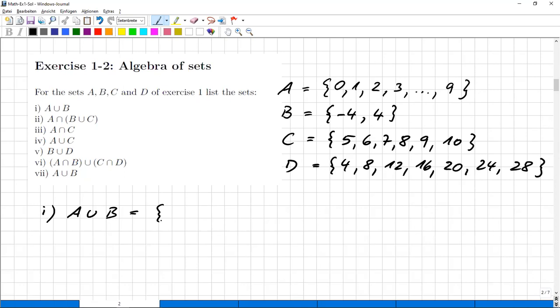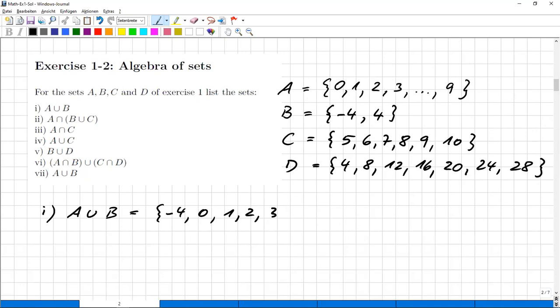I'll try to keep sorting the elements in ascending order. So you just tell me, what's the first one? -4. Right. And then, of course, we have those smaller natural numbers, 0, 1, 2, 3.